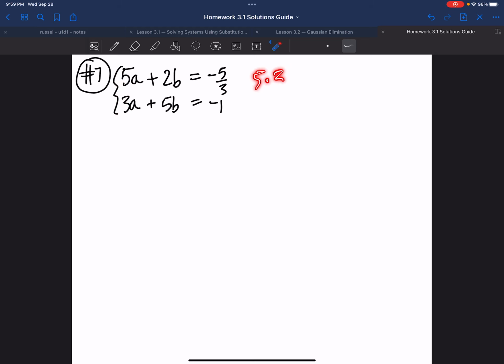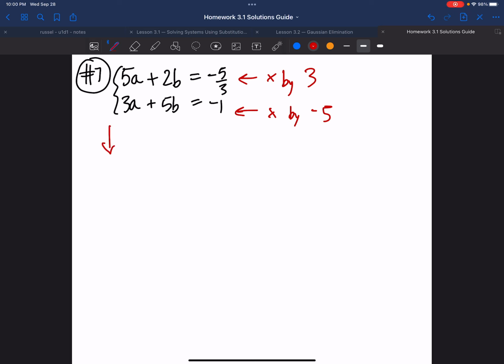Because 5 times 3 equals 15 and 3 times 5 equals 15. So why don't we do that? All right. We're going to, let's say, multiply by, what do you want to do? Just 3? Okay, sure. And then this one we will multiply by negative 5.